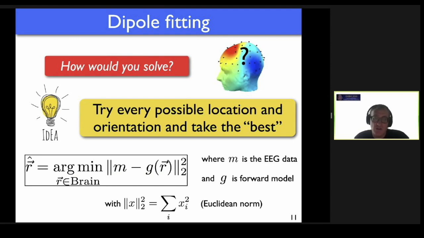This error is the squared norm between the actual EEG measurements and the forward model, the propagation of the field given a source at location R. So your measure of goodness of fit is just the sum of the squared errors. Now you have your criterion to select what is best. You can test potentially every possible location and orientation, and say, okay, the job is done.